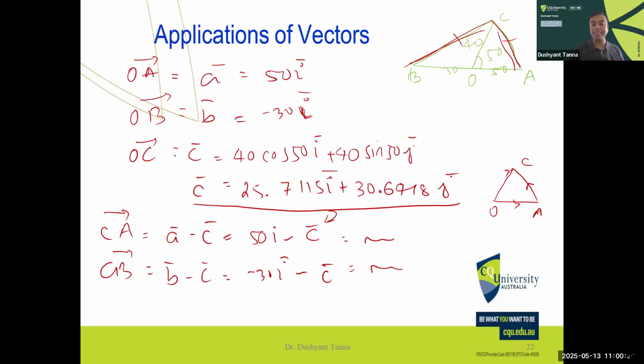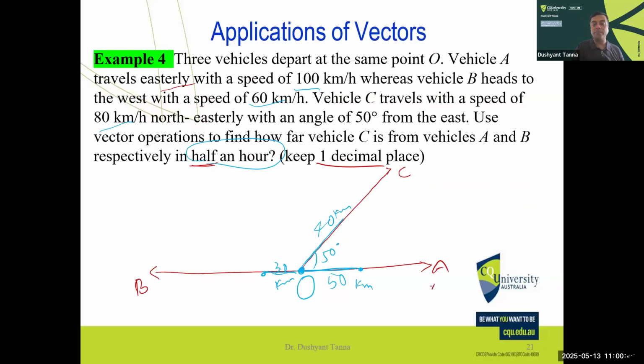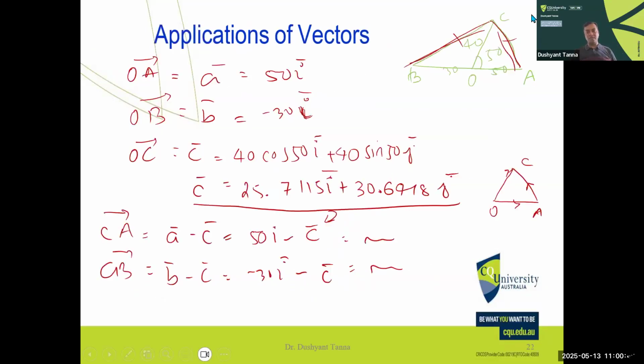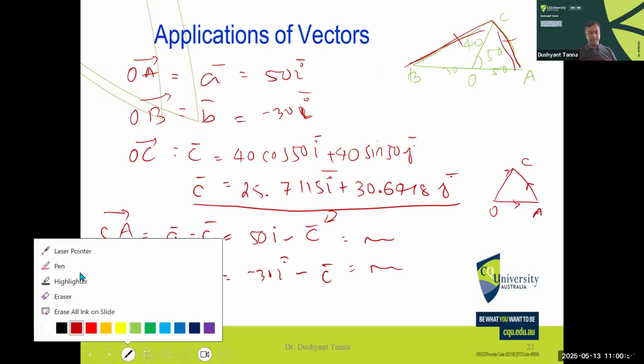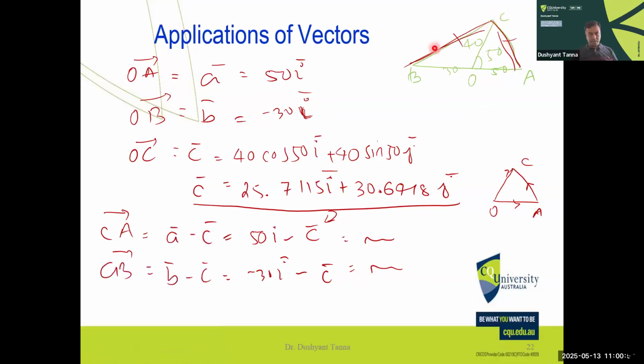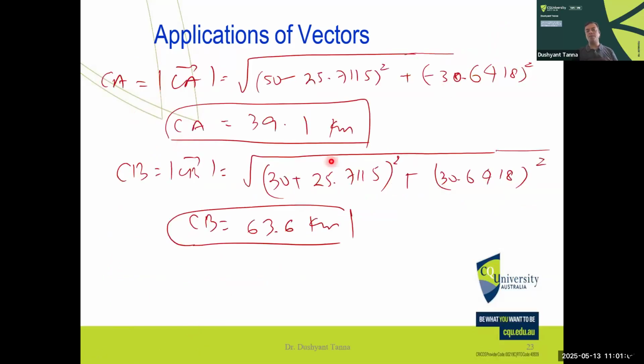How far is this point C from A and B? So technically it's length, and that's why I've drawn this here. We are looking at CB and CA. CA is the final minus first, A minus C, in simplified form. Then we got CB, and finally its magnitude. CA and CB.